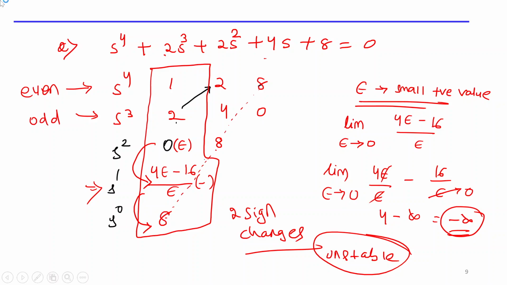Next, let me go to another type of question. In this question, I will ask you like this: s to the power 5, s to the power 4, 3 s cubed plus 2s plus 2 equal to 0.